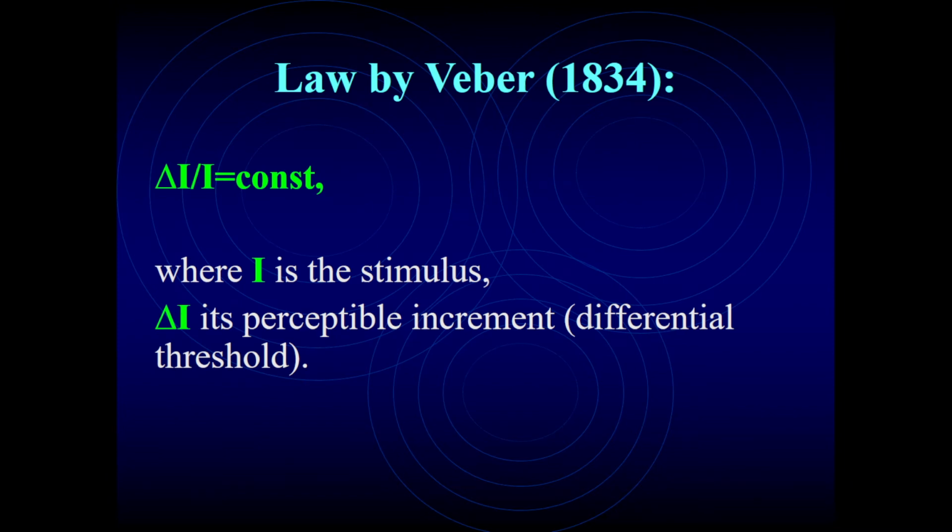The law by Weber: delta I over I is constant, where I is the stimulus, delta I is the perceptible increment or differential threshold.